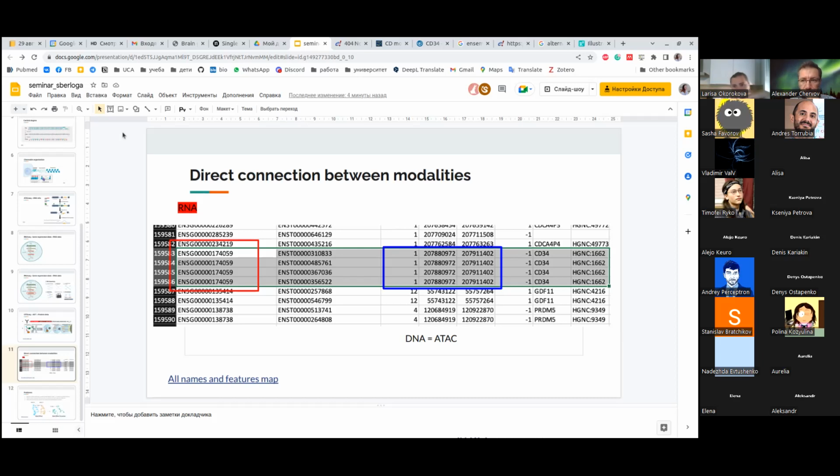But a promoter will be a promoter for the genes which are located on a plus strand. They will be before the genes in terms of our coordinates and in terms of ATAC-seq data. But promoters for the genes on a minus strand, they will be after. So that is important only for the regulatory features, not for the gene bodies.